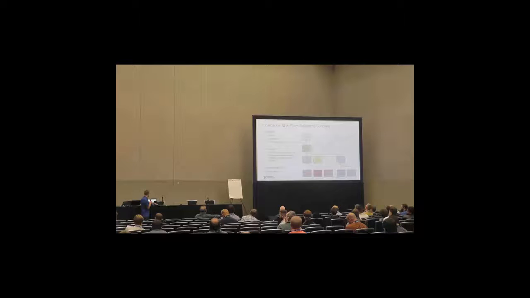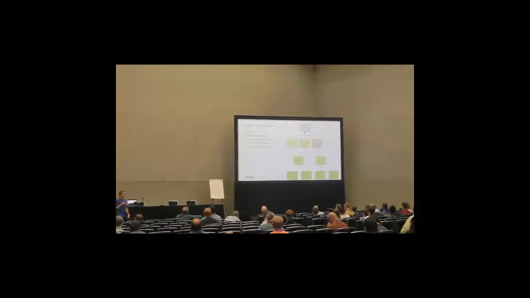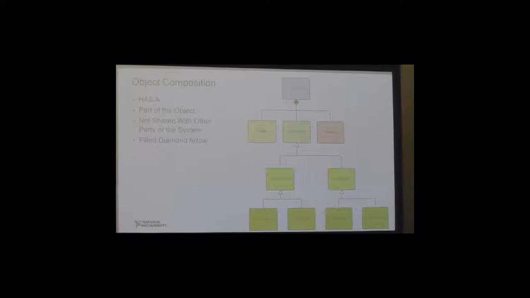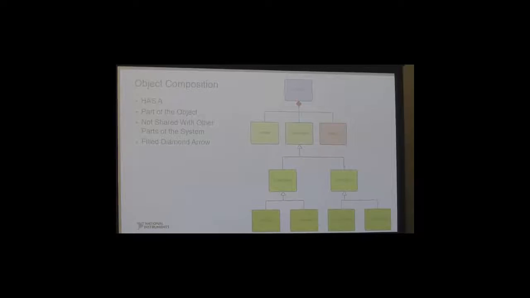So the next weaker association is composition, which is the has-a. This is, I think, where most people make the mistake of not going to object composition soon enough and trying to use inheritance and realizing that they have an instrument that, you know, is a power supply, and then it's like, oh, it's an RS-232 power supply.